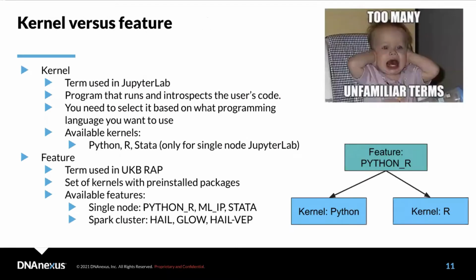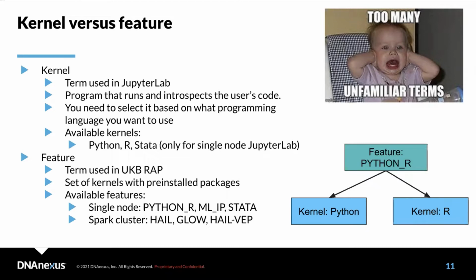When we talk about different JupyterLab instances, we will be seeing the terms kernel and feature, and what's the difference between the two of them. The term kernel is used in JupyterLab, and it's a program that runs and introspects the user's code.